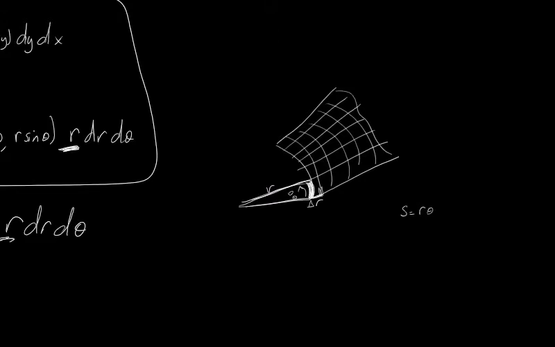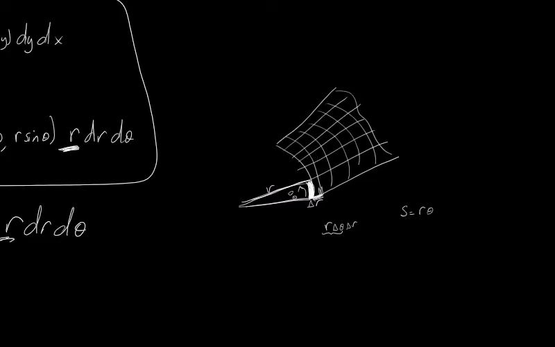And so this little box is pretty close to r times delta theta times delta r. So this is giving us the length, if you will, of this box, and then delta r is giving us our width of that box.